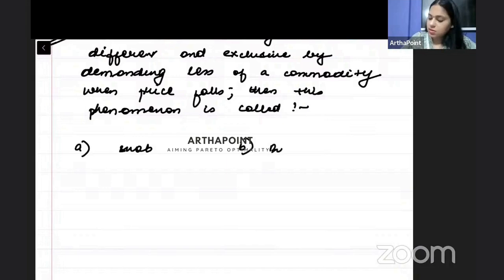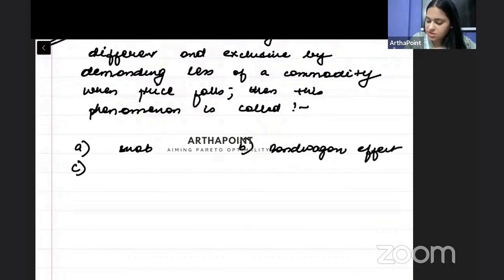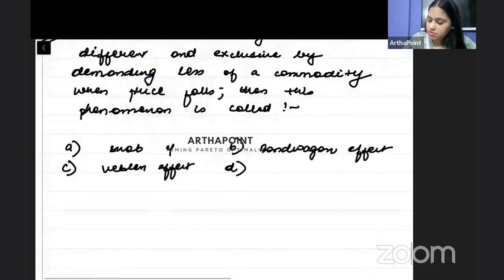Option number B, bandwagon effect. Option number C, Veblen effect. Option number D, Giffen effect.